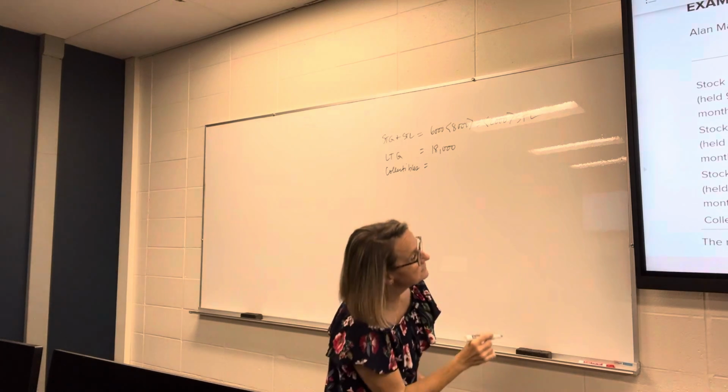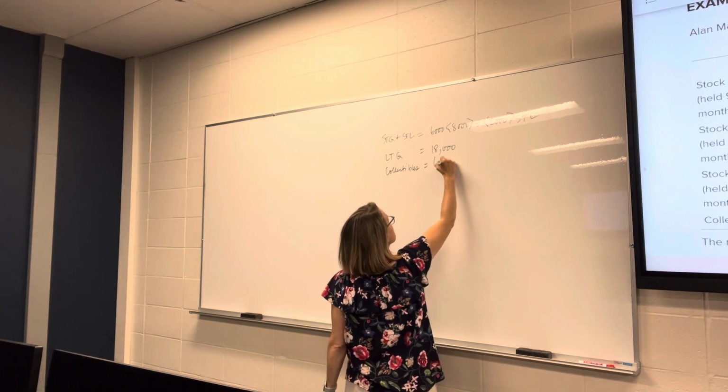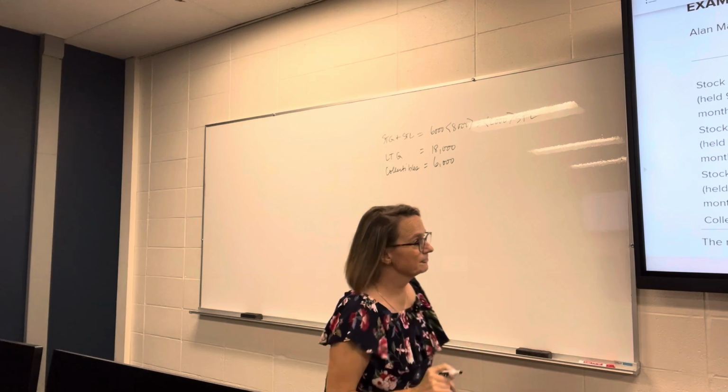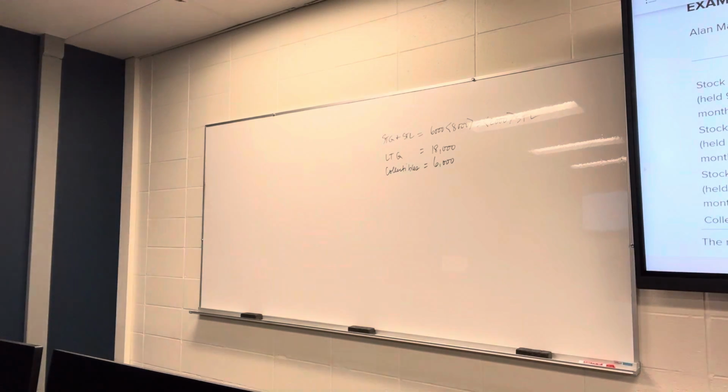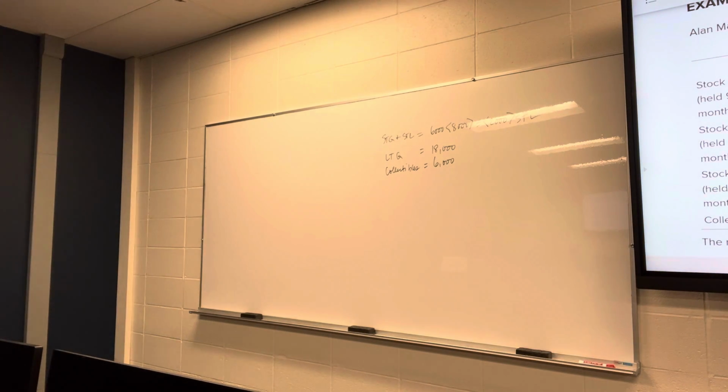I get that right? It's the sales price 6,000. All right. So let's see if we can figure this out. First thing we're going to do, so that's a loss and that's a gain. So we have a short-term loss and a long-term capital gain.